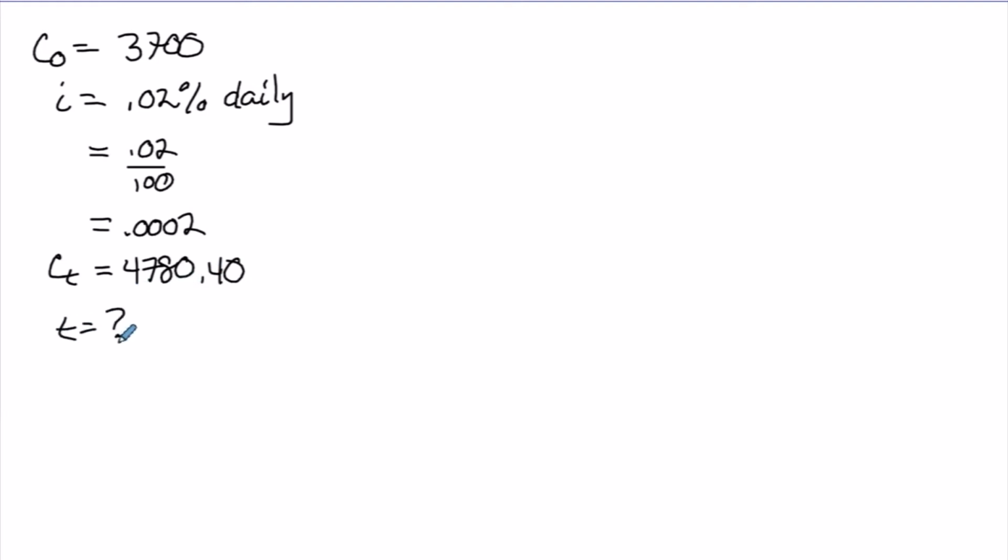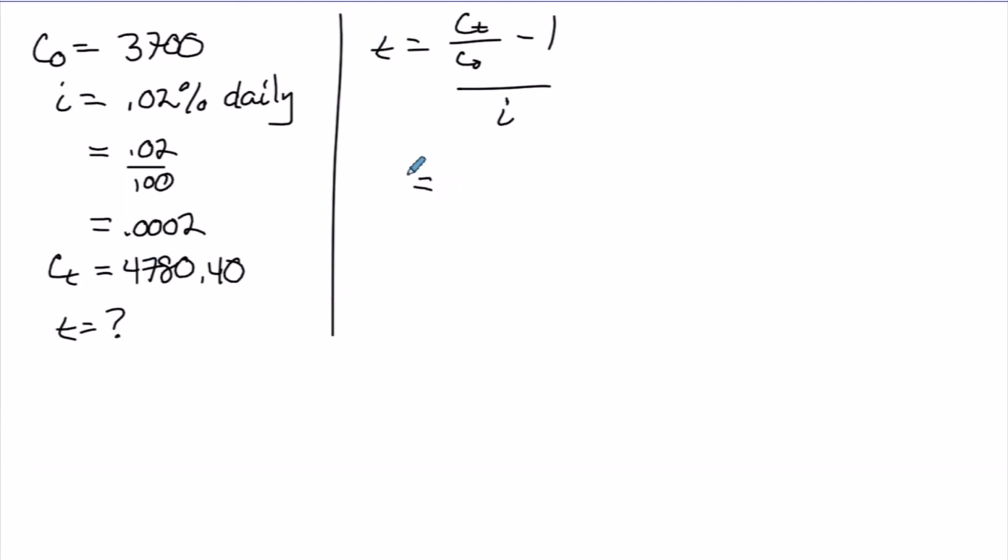T is our unknown. Formula for T: CT over C0 minus 1, all of that divided by I. I've got a daily interest rate. I'm trying to find the T, so that's going to give me time in days. Put in my CT value, which is $4,780.40 divided by the initial 3,700 minus 1, all divided by I, which is 0.0002.